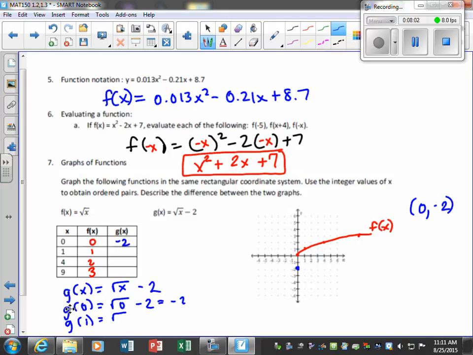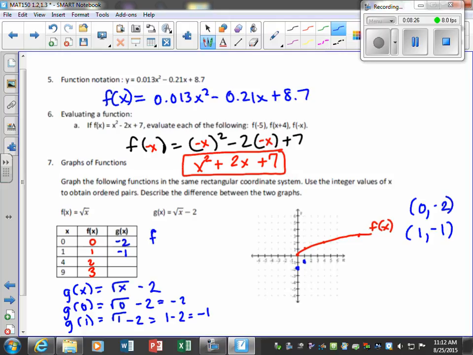Evaluate g at 1, so that's the square root of 1. Square root of 1 is just 1, and then we subtract 2 and we get negative 1. So we'll put that in our table up here, and now we have the ordered pair when we let x equal 1, y was negative 1. So we're there.